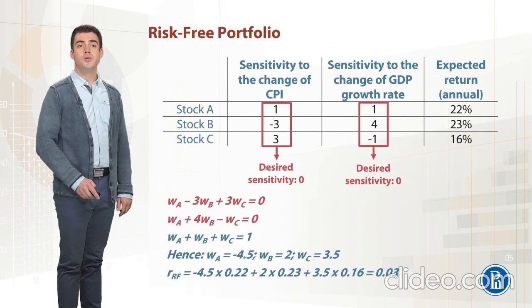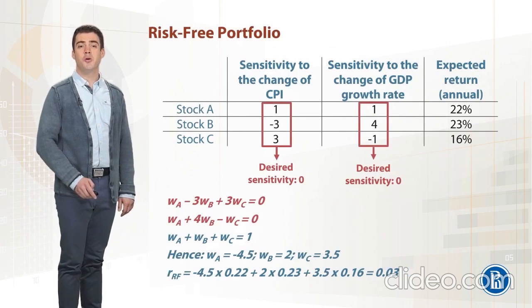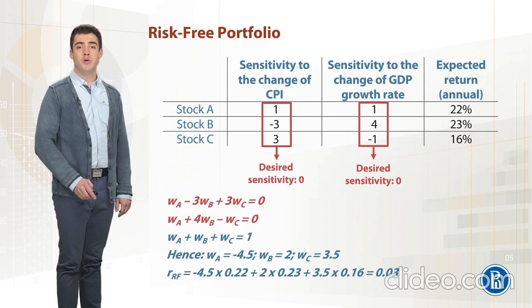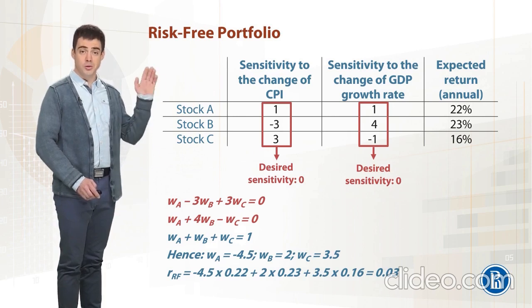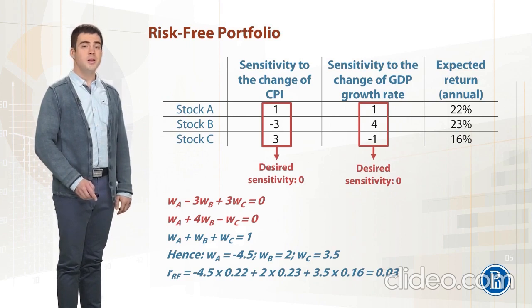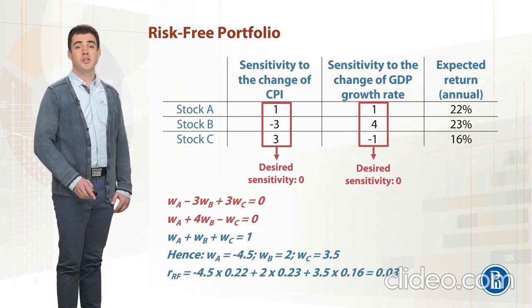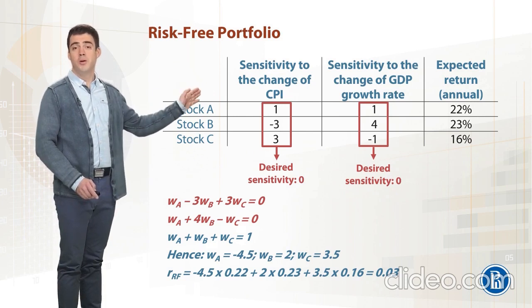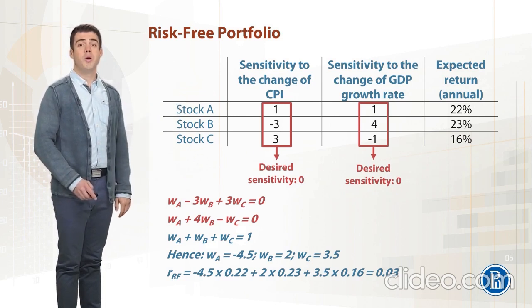Finally, we need to determine the weights of stocks A, B, and C in the risk-free portfolio, which is the portfolio that has no sensitivity neither to the change of CPI nor to the change in GDP. And again, this system has just a single solution you can see in front of you, and this factor replicating portfolio with zero sensitivities to both factors will have the expected return equal to 3%.